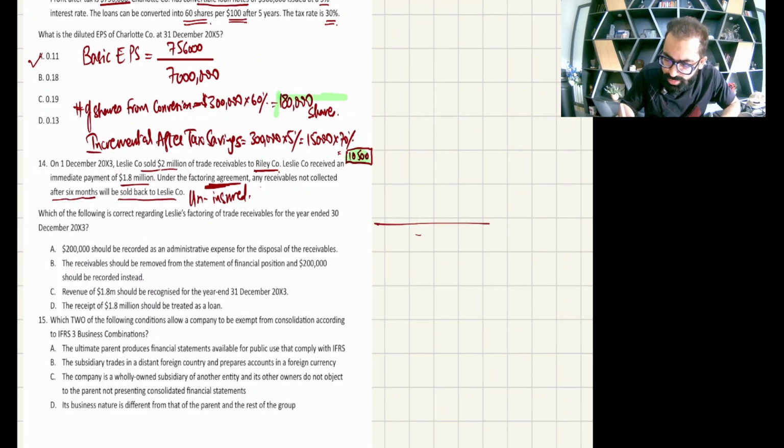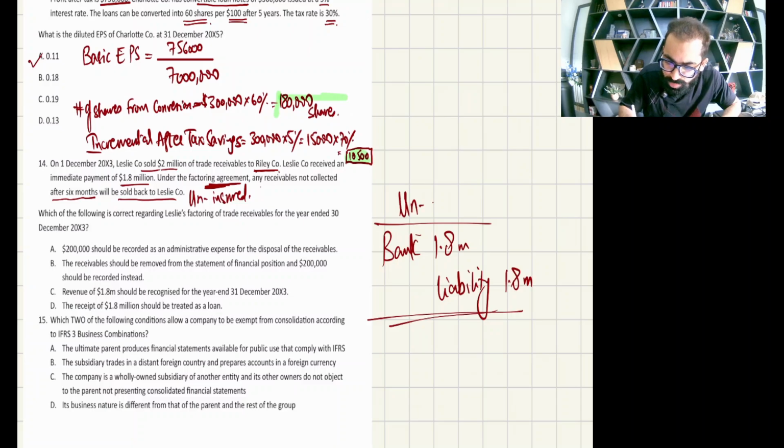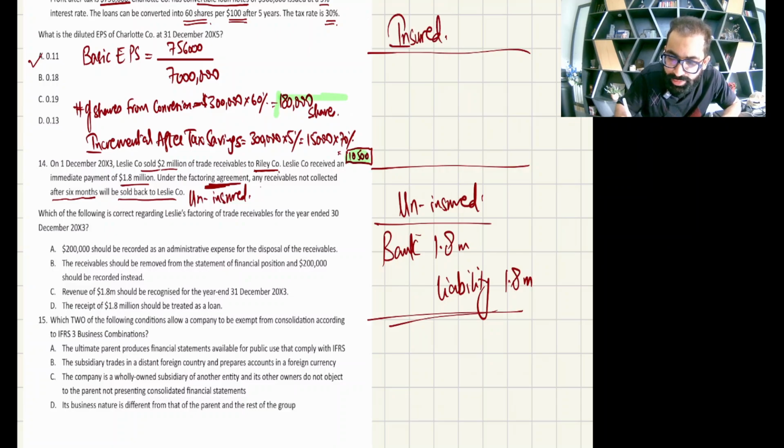We should make this entry. Bank debit 1.8 million and liability. This will be treated as a liability. This is the entry of uninsured, if you remember. And you know what is the entry of insured? If it would be insured, then the entry will be bank debit 1.8.